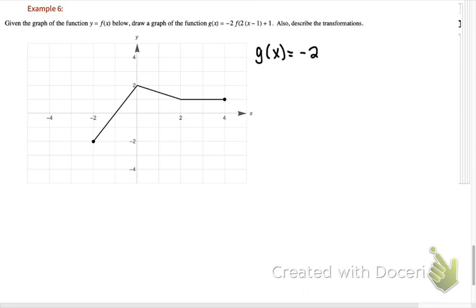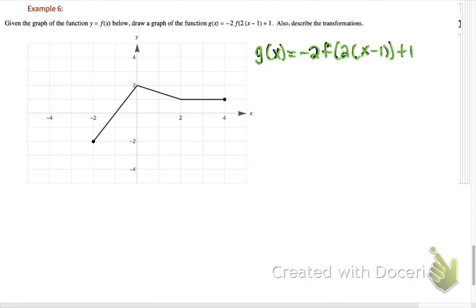G of x is -2 times f of 2 times x minus 1 plus 1. Okay, and we are going to take the graph of f of x on the left, and sketch a graph of this function g of x.